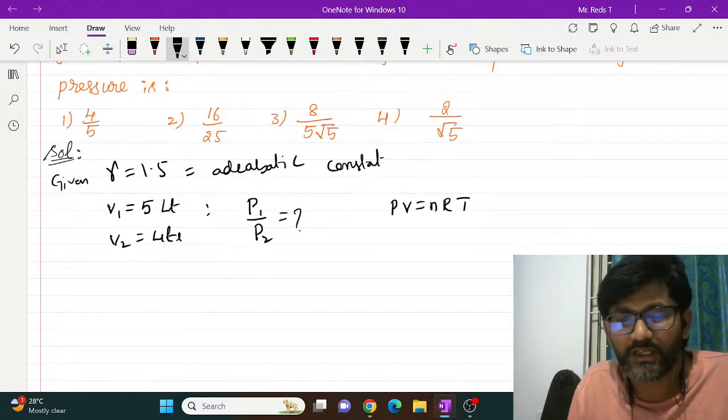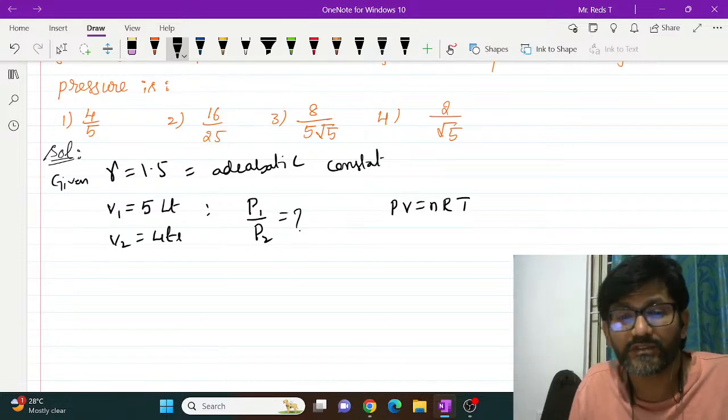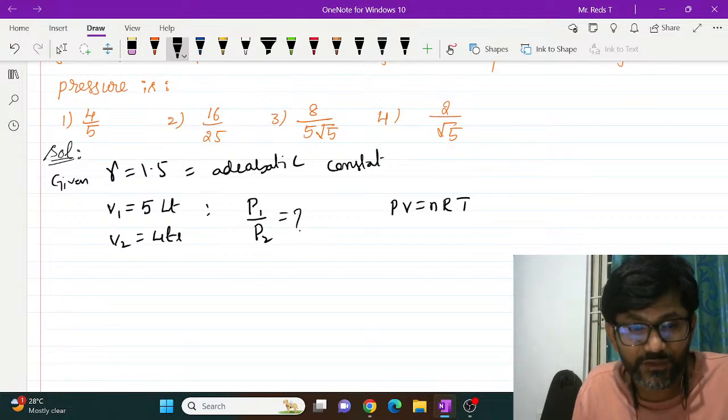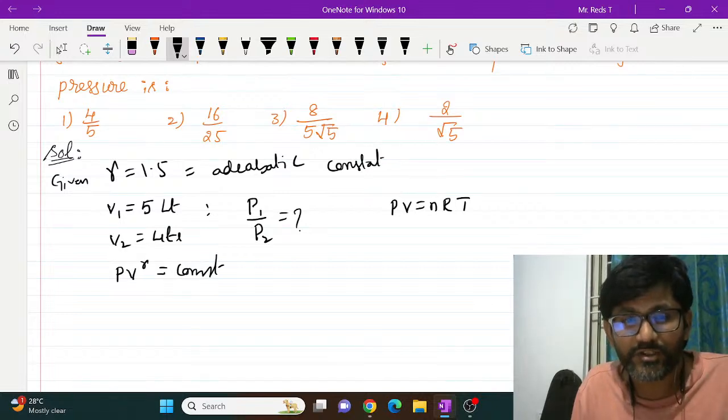Here n represents number of moles. For 1 mole, PV equal to RT. For isothermal process, temperature is constant, so you can write PV equal to constant. For adiabatic process, the gas equation in terms of pressure and volume is PV power gamma is equal to constant, right?